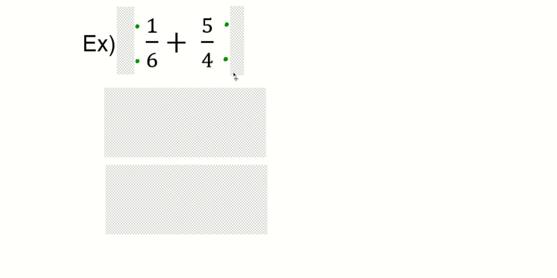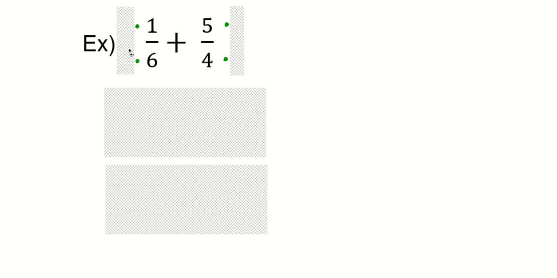So, to cut to the chase, what could we multiply to the 6 and the 4? Again, in theory, if worst comes to worst, you can multiply the 6 by 4 and the 4 by 6 and make both denominators 24.